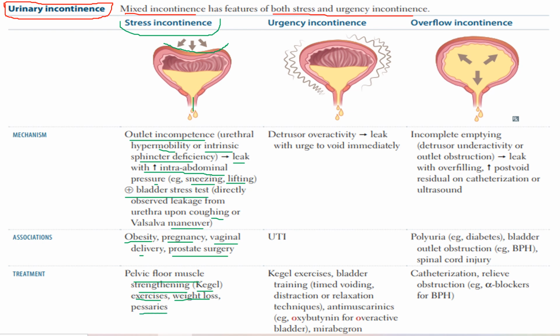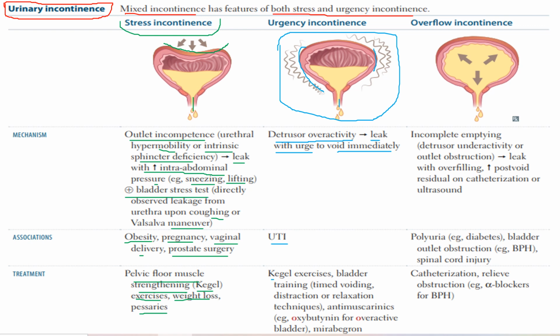As you can see in this image, the detrusor muscles are overly active. That's when the detrusor muscles contract and the urine leaks out. Mechanism: detrusor muscle overactivity, which leads to leakage with an urge to void immediately. It's associated with UTIs, urinary tract infection.